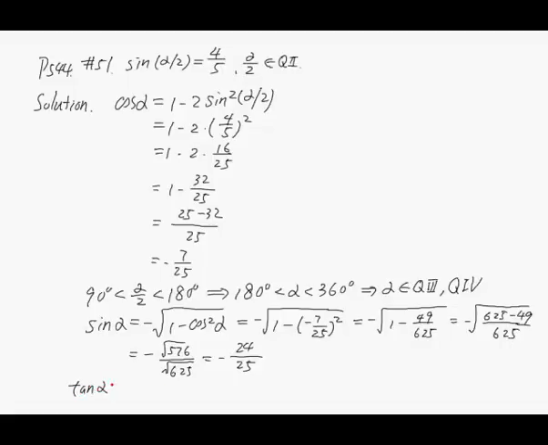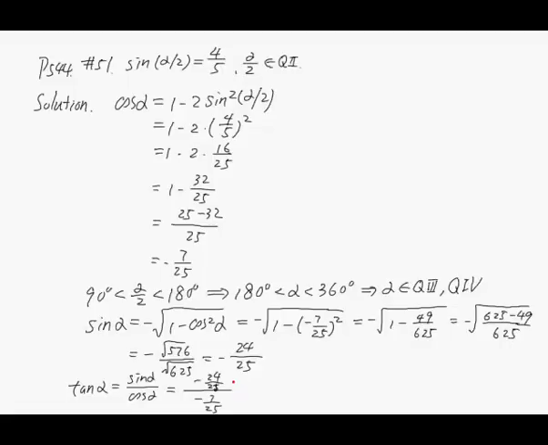tangent alpha, which is equal to sine alpha over cosine alpha. So sine alpha is equal to negative 24 over 25, divided by cosine alpha, negative 7 over 25.